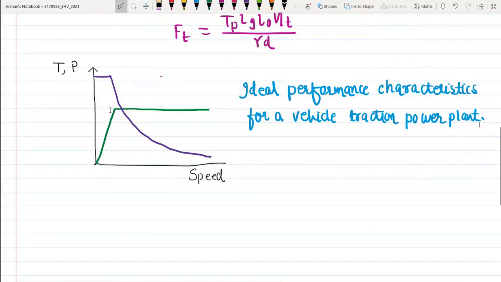This should be the characteristics of the power plant, whether it is an IC engine or an electrical motor, right?